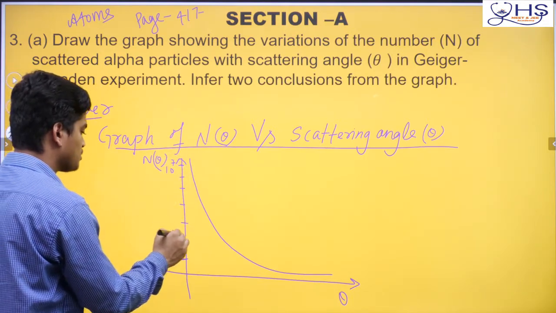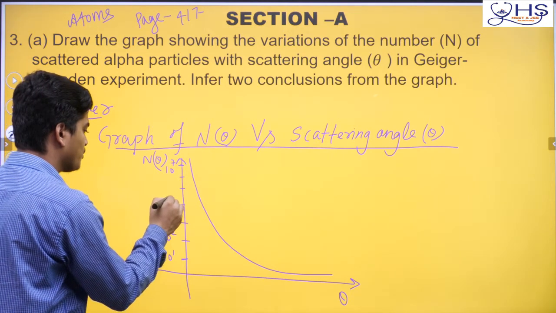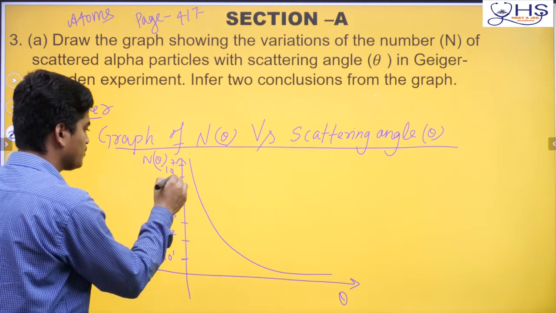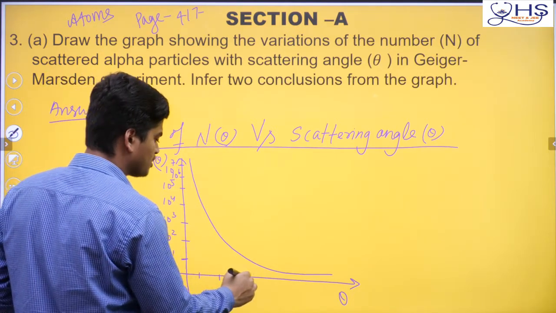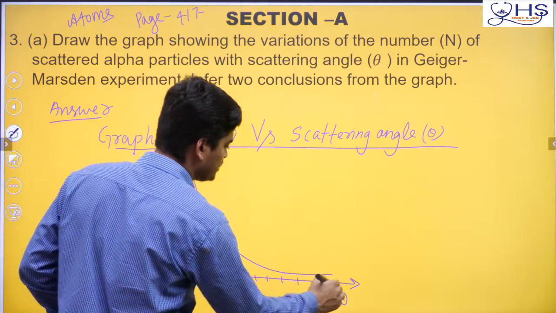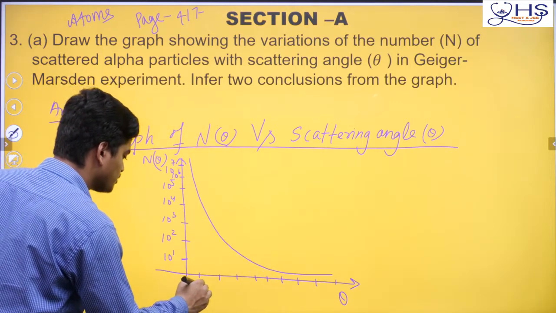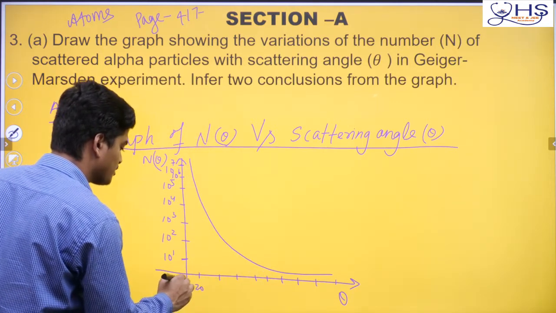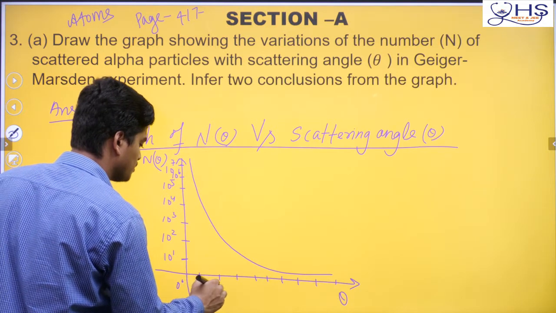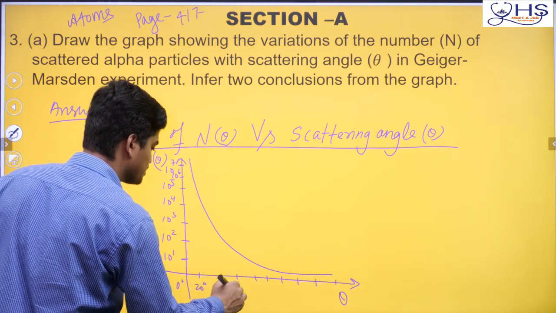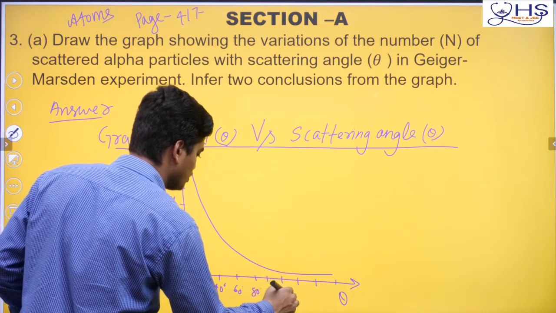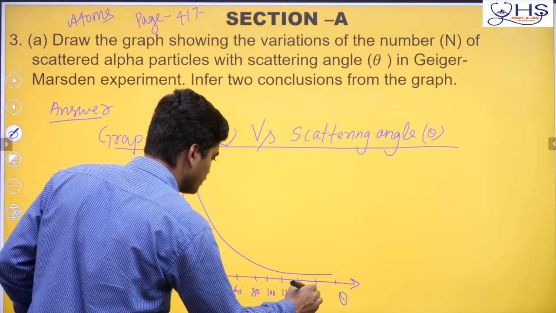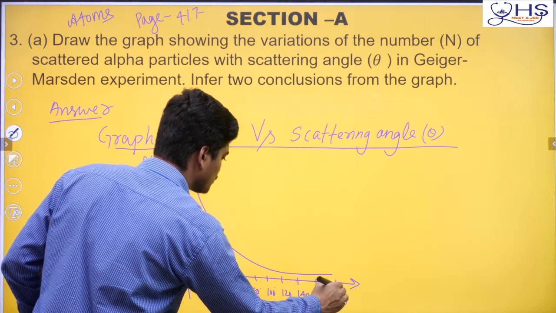On the other axis take angles: starting from 0 degrees, then 20, 40, 60, 80, 100, 120, 140, 160, 180 degrees. You just write this.